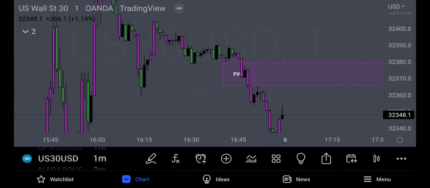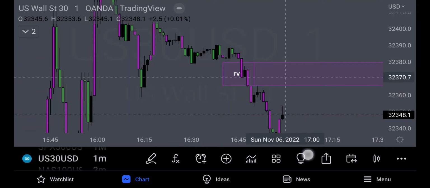Looking for price to come up into this 5-minute FVG. I will be looking for a confirmation. If I don't get it, I'm looking for price to come up into this 1-minute bearish FVG and looking for a confirmation to take it to the downside.